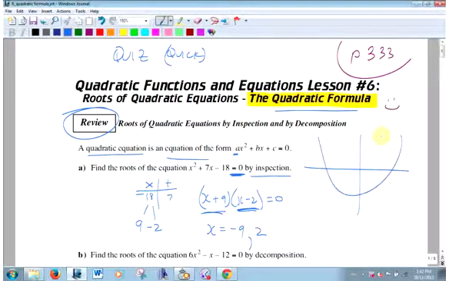Remember, more accurately, where y is 0, where I have zeros, what's my value of y? 0. That's why I solved it equal to 0. Okay? What are the values of x that make this 0? 2 and -9.